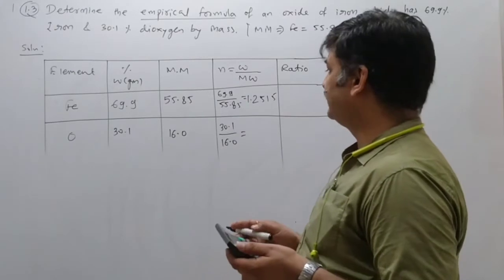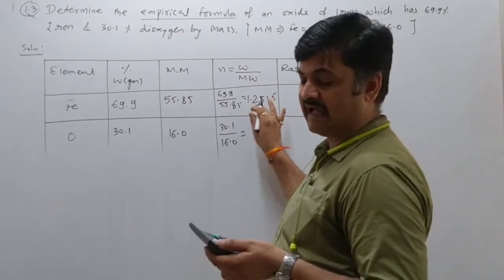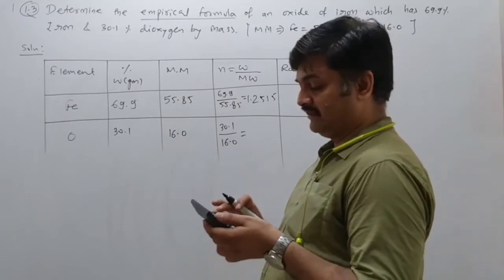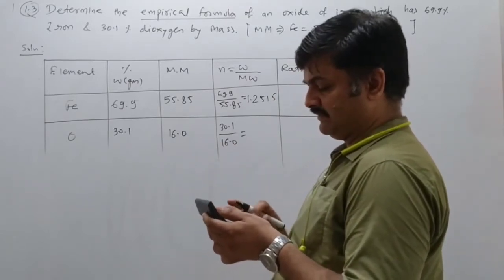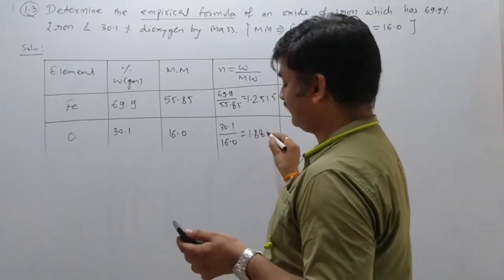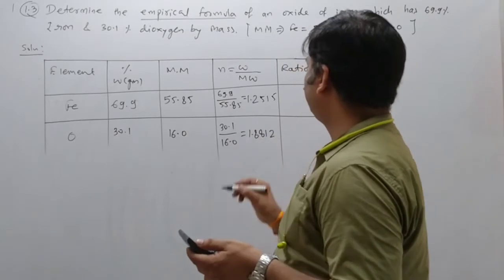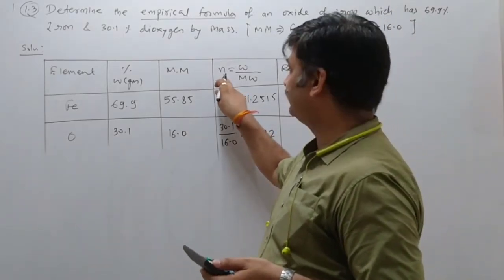Then in that condition, you have to specify 4 digits after the decimal. Now the second one is 30.1 divided by 16, here 1.88. Then after 1, 2 will come. So this is mole. Here we have calculated mole.